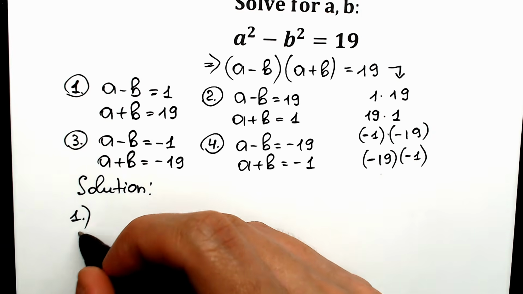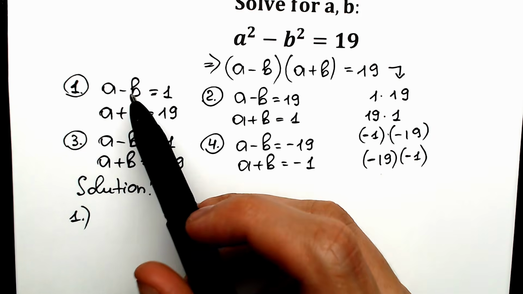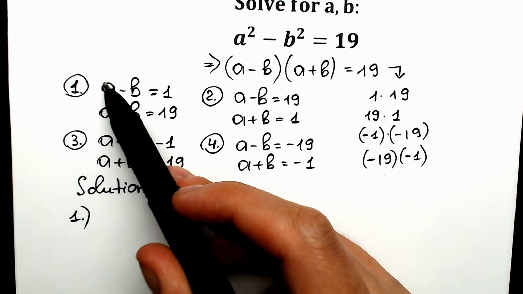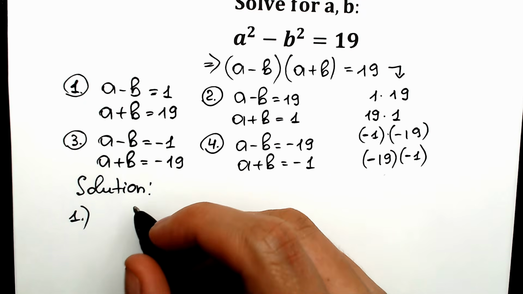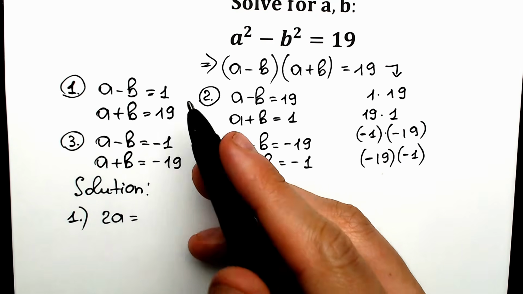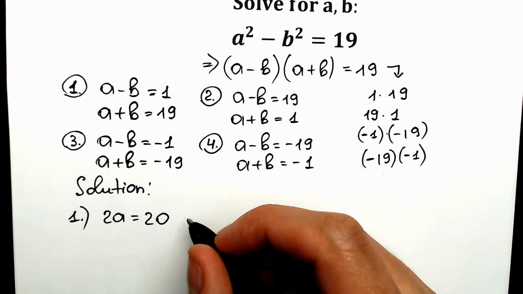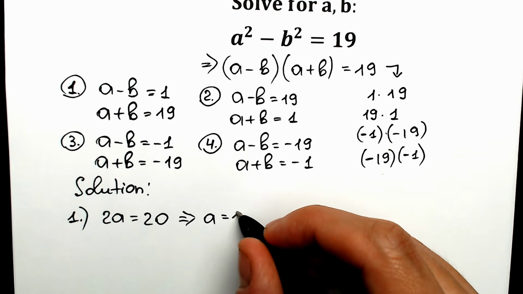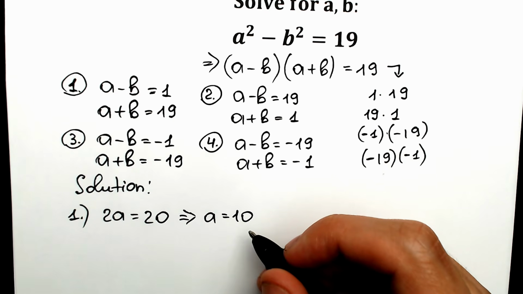For example, in the first one and each of these, we can easily solve by addition. When we add both equations, we can cancel this b. So we have 2a equal to 1 plus 19 equal to 20. So from here we have that our a is equal to 10.